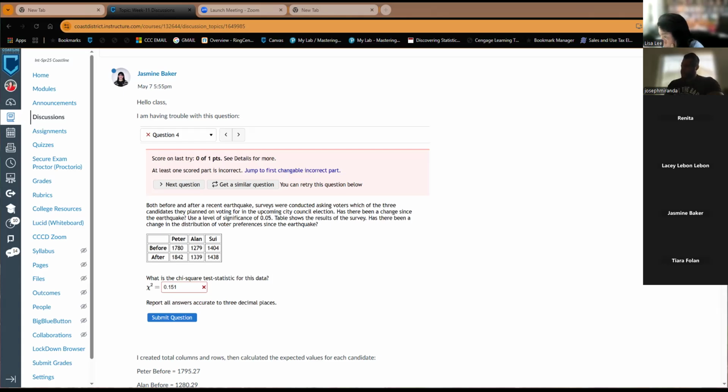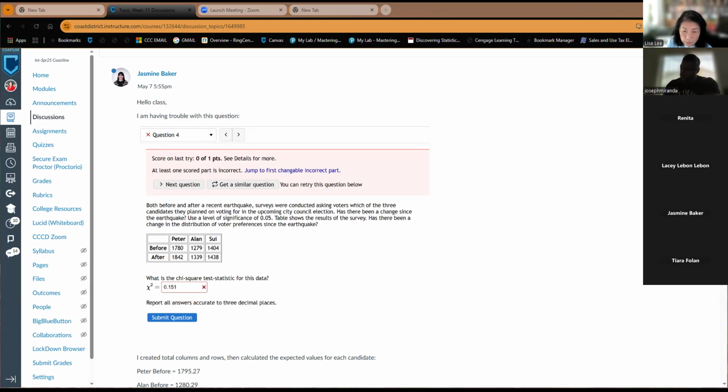I had to look at the problem again to see, do they require any decimal rounding here or not? They only say use a level of significance 0.05, and ask whether there is any change in the distribution of voter preference since the earthquake, and report all answers accurate to 3 decimals.